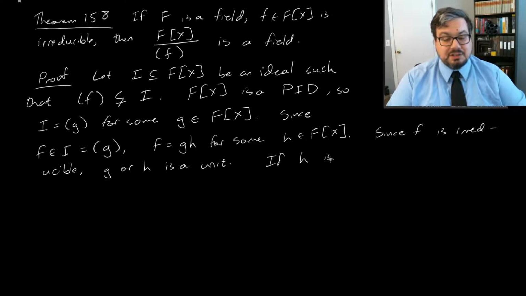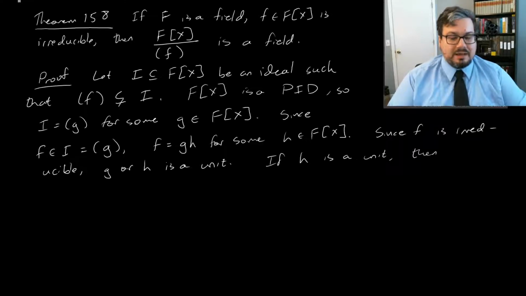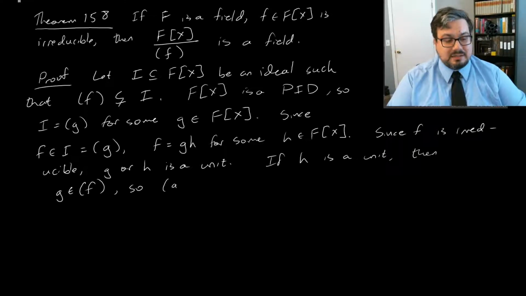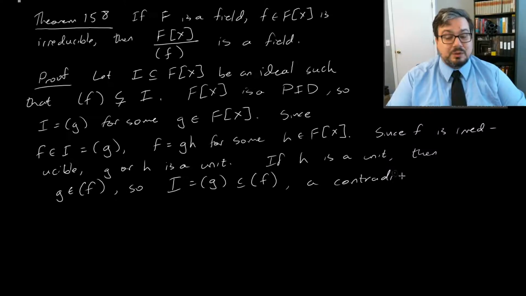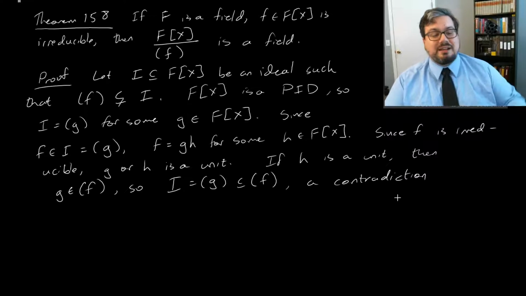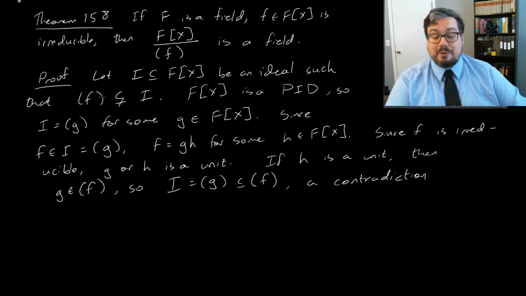Now, if h is a unit, then that means that f is equal to g times a unit, which means that g is equal to f times some unit, the inverse of h. And in particular, that means that g is contained in the ideal generated by f. So that means that I, which is the ideal generated by g, is contained in the ideal generated by f, which is a contradiction. Because this would imply that I is equal to the ideal generated by f, and our assumption was that they were not equal.